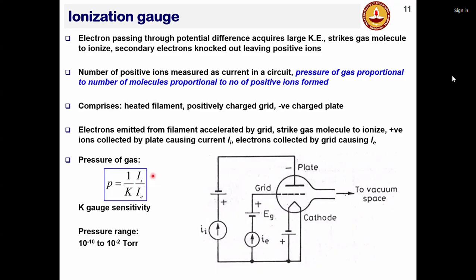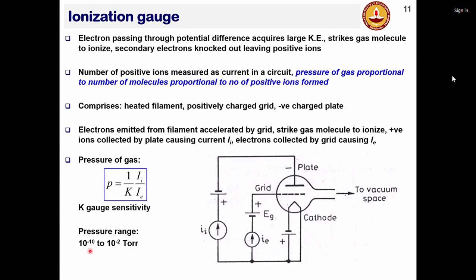But if there are only a few molecules, because it is vacuum, it is not absolute vacuum, just subatmospheric pressure, nevertheless there are some molecules. If there are very few molecules, your I_I will be small and the pressure is going to be small. So that is the principle behind the ionization gauge.